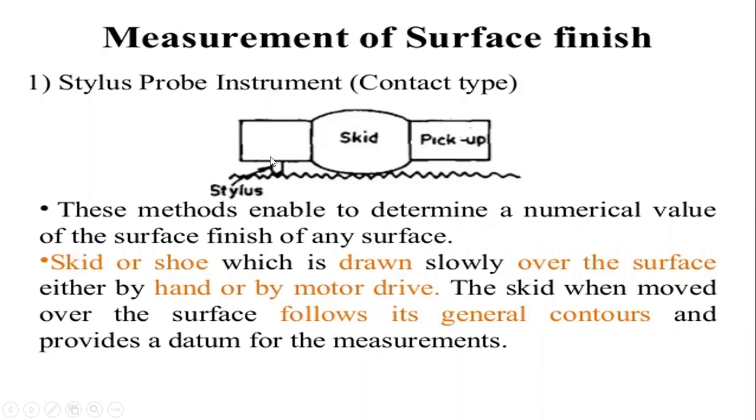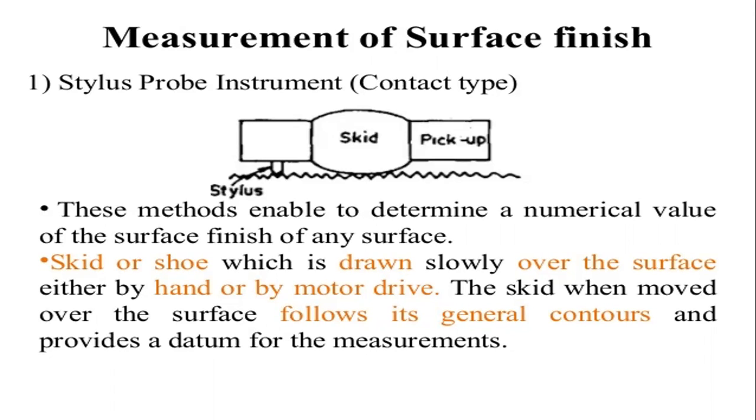It has the stylus, which is in direct contact with the surface, and it has a skid, which is the main part, and then a pickup. These methods enable us to determine a numerical value of the surface finish of any surface. Whenever you are going to measure the surface, you will find these methods for the direct contact type.